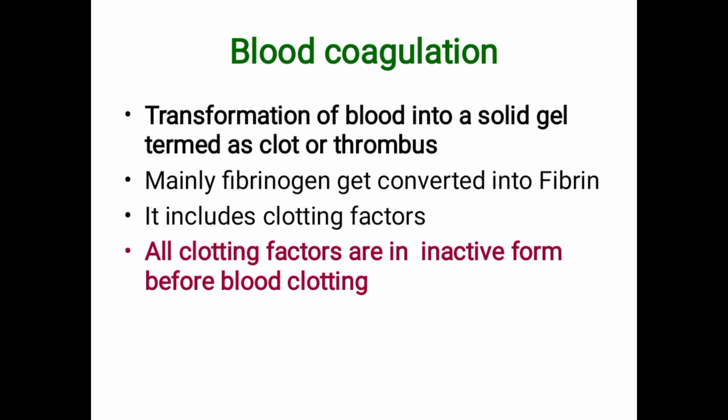So blood is a liquid part. Okay, so it is a liquid, right? So it will turn into a solid gel-like mass. The liquid blood gets converted into a solid gel, which is termed as a clot or coagulation.